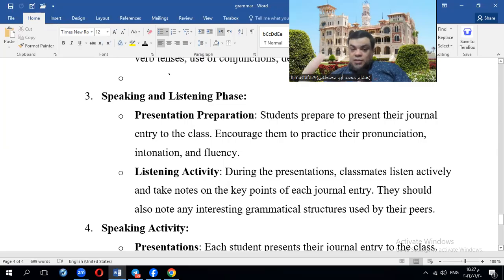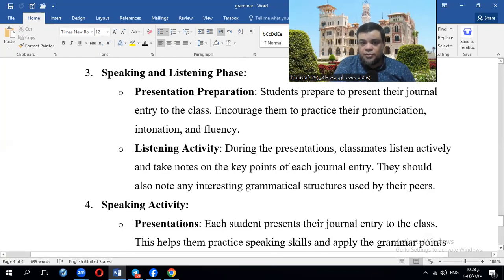Listening activity: during the presentations, classmates listen actively and take notes on the key points of each journal entry. They should also note any interesting grammatical structure used by their peers. So while listening to their peers, they can take notes in order to present by themselves.